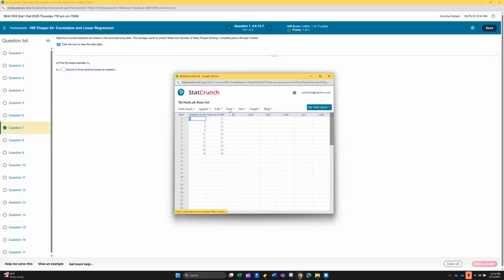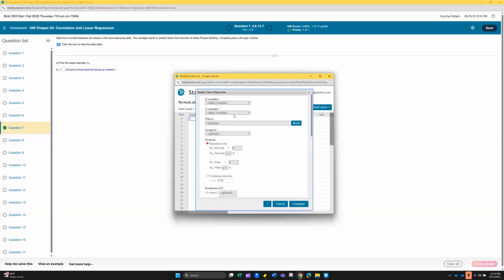And let's go to Stat, Regression, and Simple Linear is the term that we use when we have one x and one y. You tell the computer what's the x variable, which is the one you're using to make a prediction, and that's the number of salespeople.